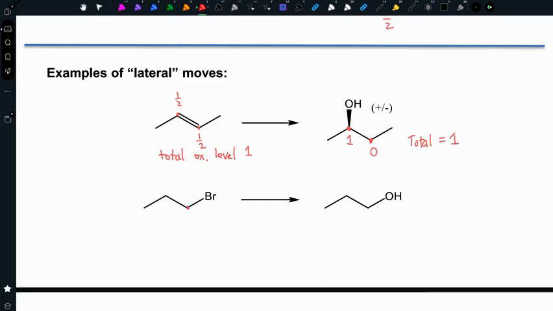This next case, if I start with an alkyl halide, it's got 1 bond to a more electronegative atom. And I make an alcohol that also has 1 bond to a more electronegative atom. That's a lateral move. It's not increasing or decreasing the oxidation level.